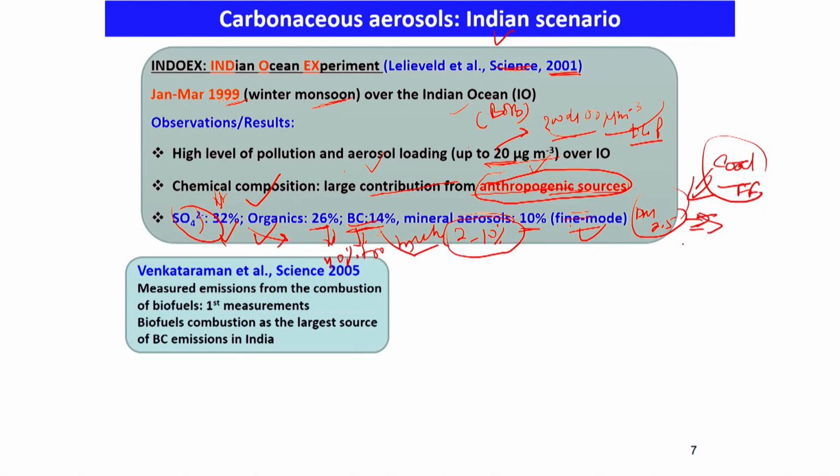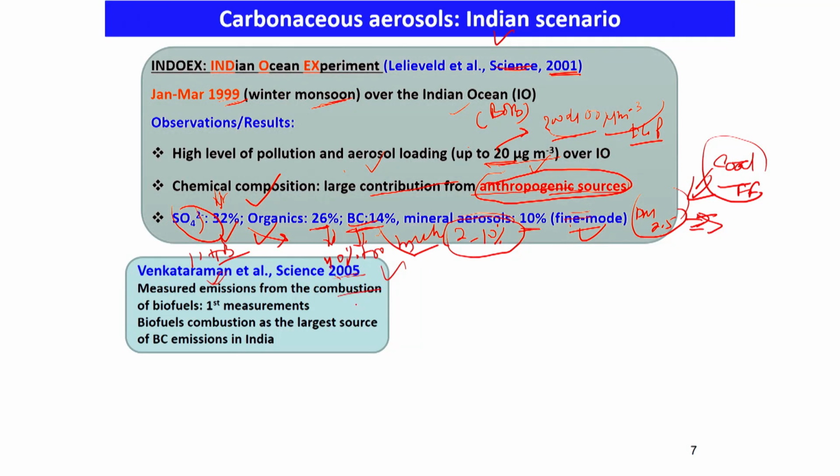So this was very long debated, and then this paper came in Science again in 2005, and this was conducted by Professor Chandra Venkatraman of IIT Bombay. She did actually a very important study in aerosol science over India.